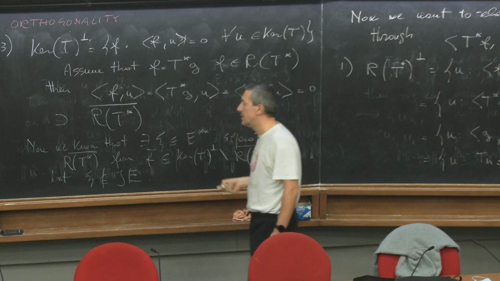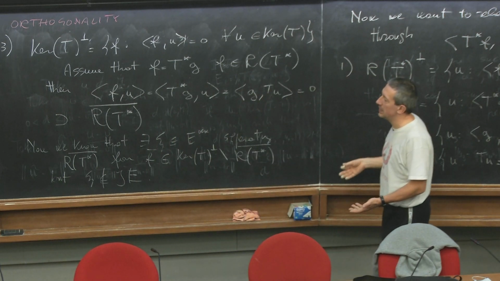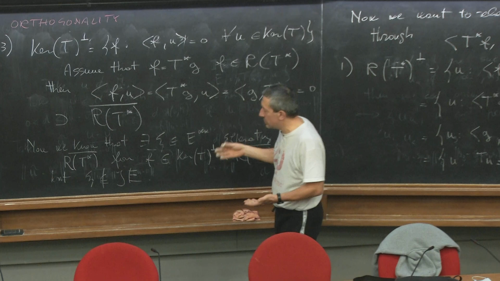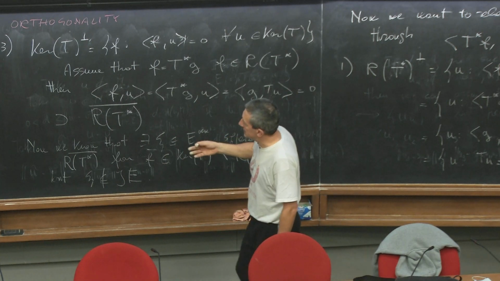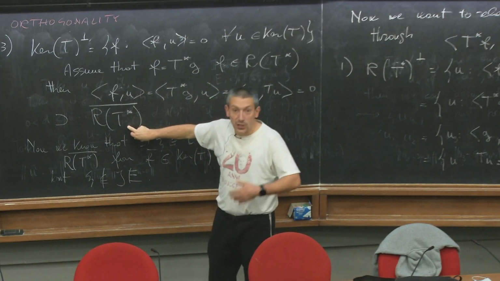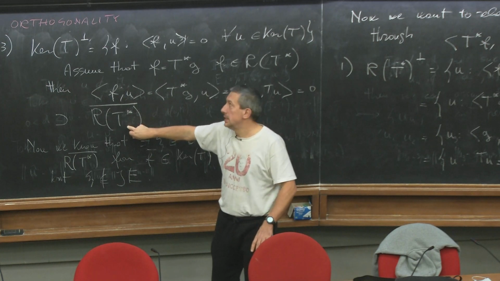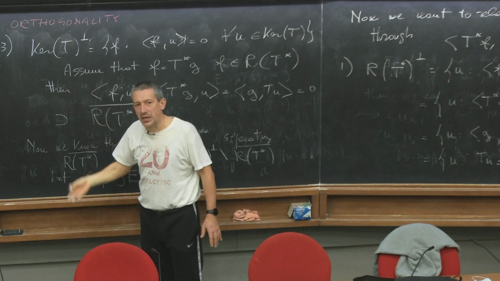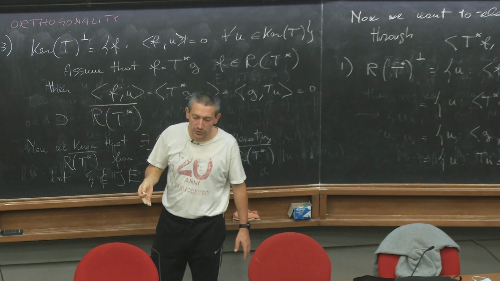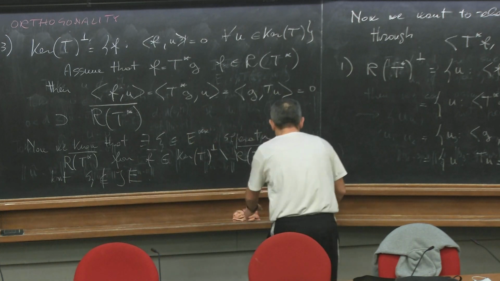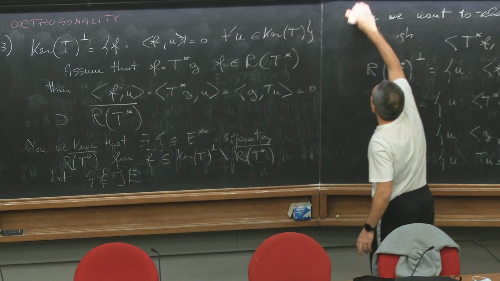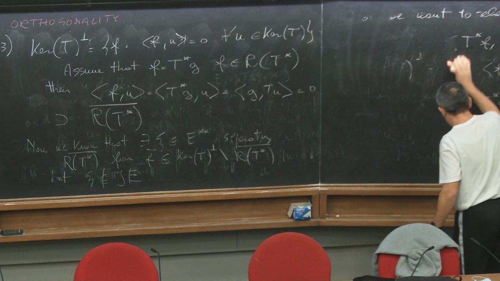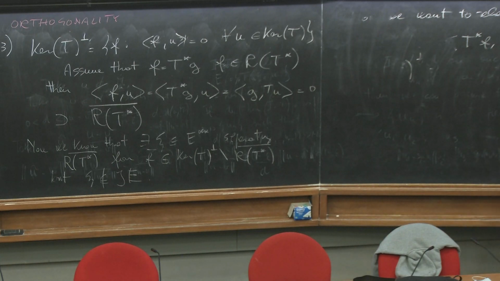And then we cannot proceed with the inequality, because what you deduce from this observation is that the weak star closure of this object is the kernel of T orthogonal, but not the weak closure, hence not the strong closure. So I will use just 5 minutes, so we will not come back to these orthogonality relations.